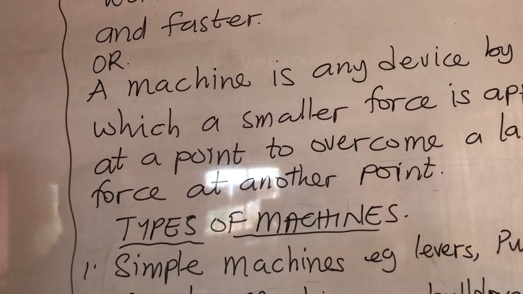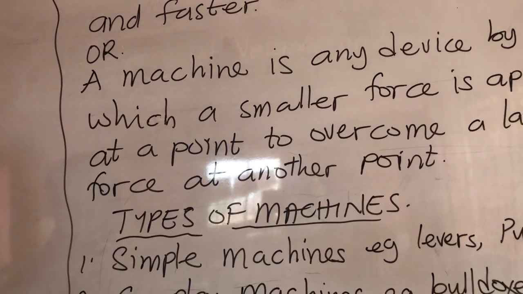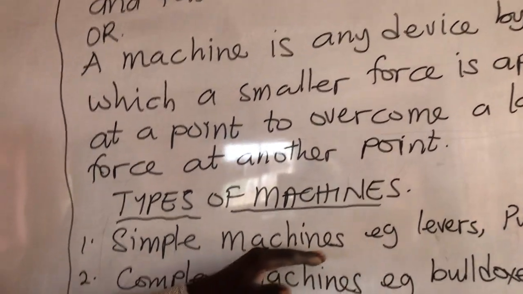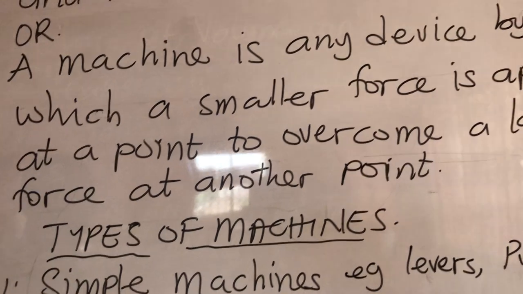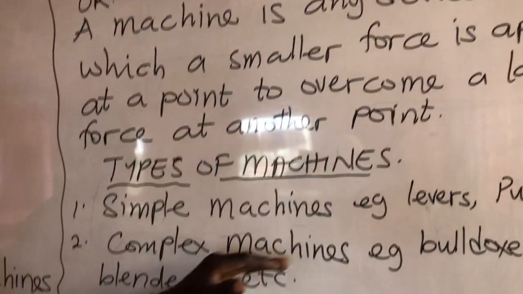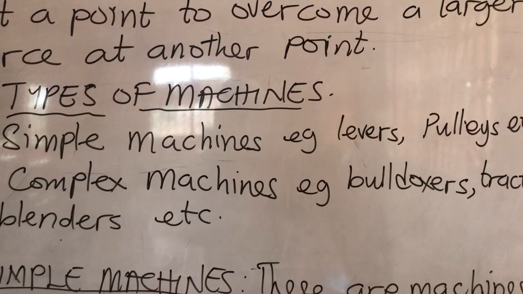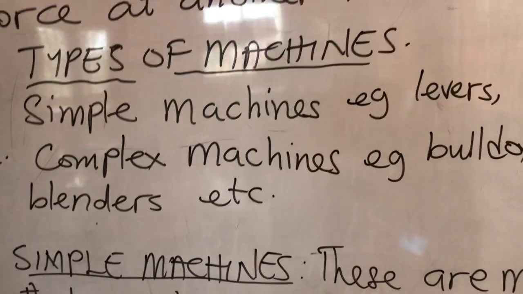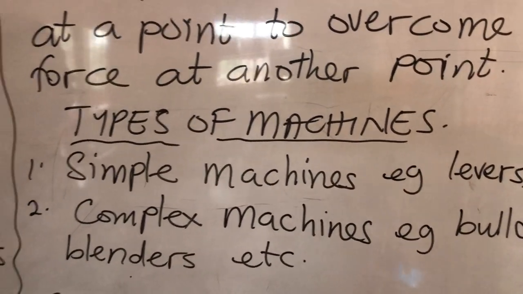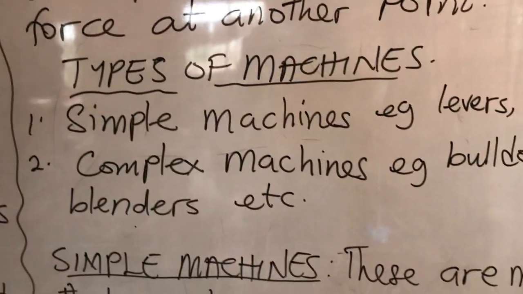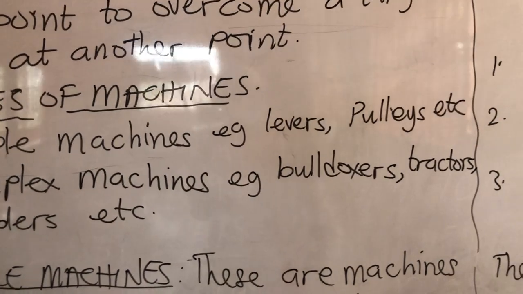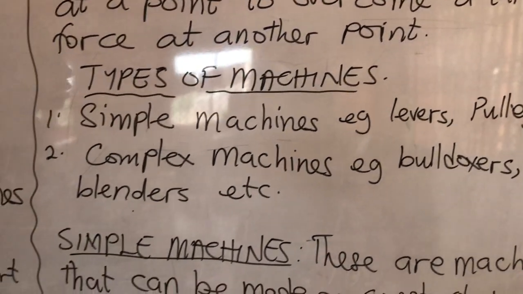We can put them into two main groups or types. One, we have simple machines, and two, we have complex machines or compound machines. When you look at a car, for instance, a car is a machine which is used for transportation purposes, and a car is a type of complex or compound machine.